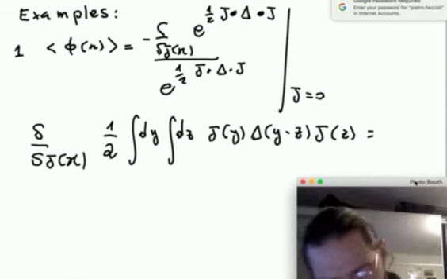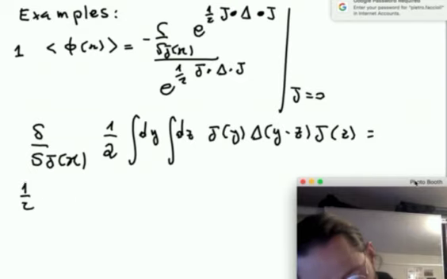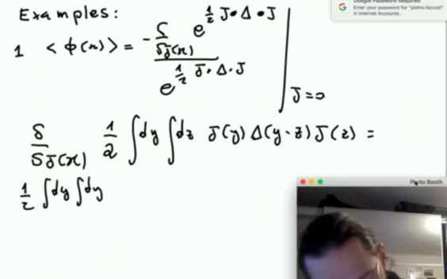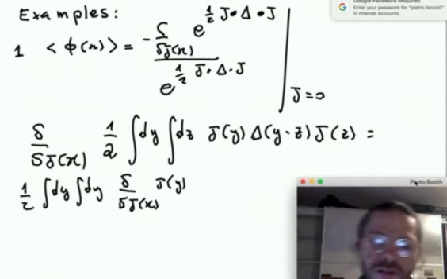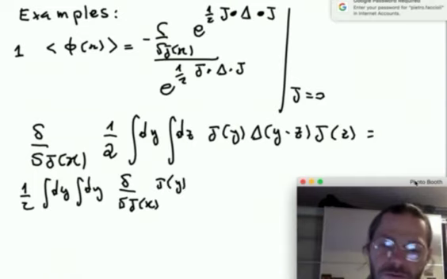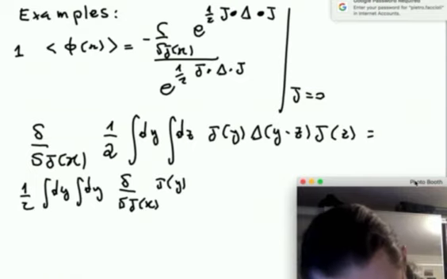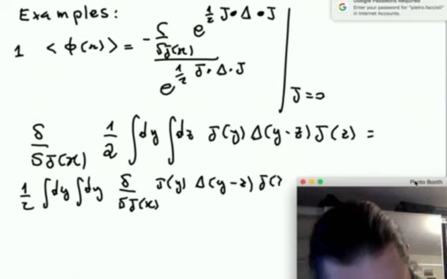Well, this is two terms. I'll be pedantic the first time so that everything will become clear, and then maybe next times we come across similar evaluations we will be faster. That's the functional derivative of J of y with respect to J of x, delta y minus z, J of z.